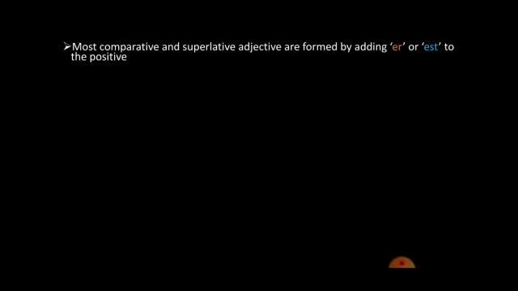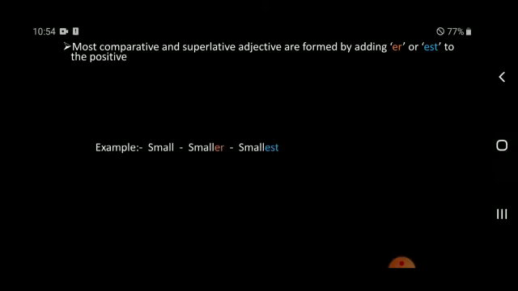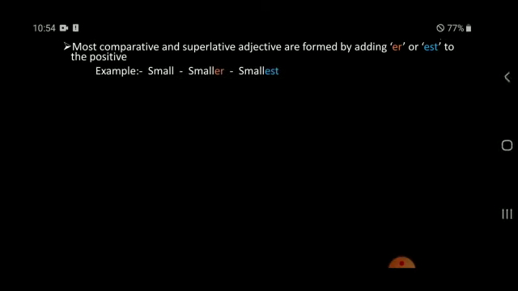Most comparative and superlative adjectives are formed by adding er or est to the positive form. Here, examples. Small. Small is the positive form, smaller is the comparative form, and smallest is the superlative form.